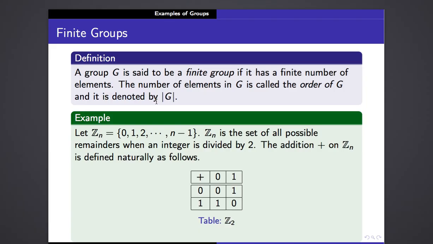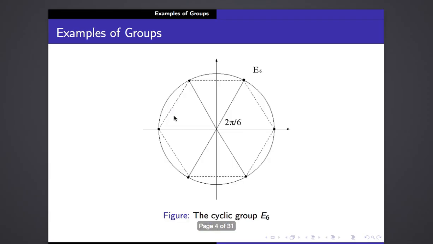But that's not absolute value here, that's the order of G, the number of elements in the group G. I introduced this some time ago. Another common notation is ord of G, but we are not going to use that notation. This is the notation we are going to use for the order.